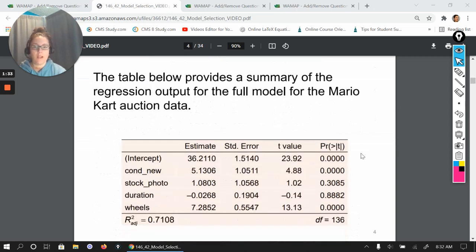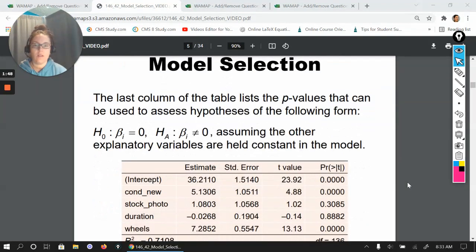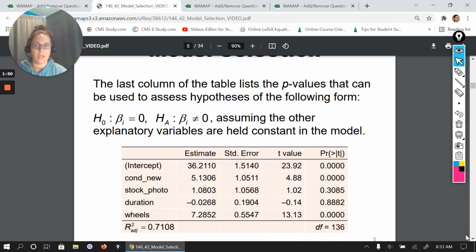The table below provides a summary of the regression output for the full model for the Mario Kart auction data. The last column of the table lists the p-values that can be used to assess hypotheses of the following form. So H0 is that every beta equals 0, and the alternative says that at least one of the betas is not equal to 0, assuming the other explanatory variables are held constant in the model.